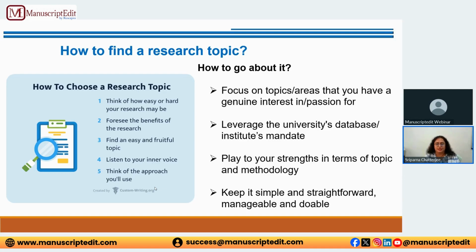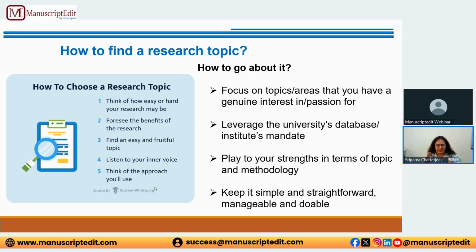It is not like everyone has to do the same thing. You need to understand what your strength is, what your passion is, and depending on that, you need to find your research topic. The only thing one should keep in mind is that it should be very simple, meaning very straightforward.